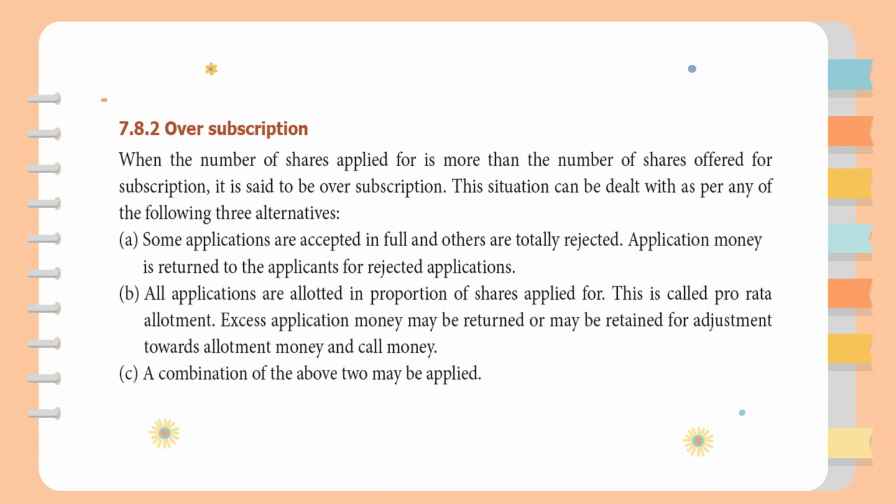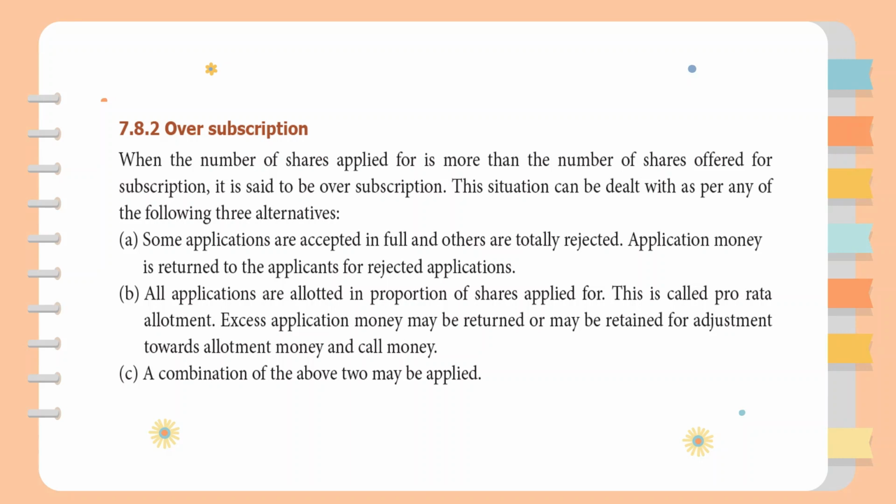Based on that, they will equalize all the excess applications into the issued number of shares. In that case, excess money paid by the applicants will be adjusted towards the allotment. So in this stage, excess application money may be returned or it may be kept and adjusted towards the allotment money. That is the second stage.